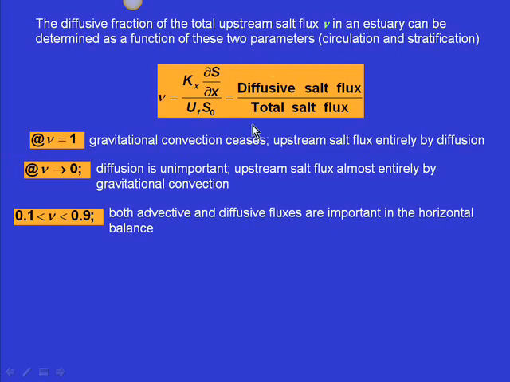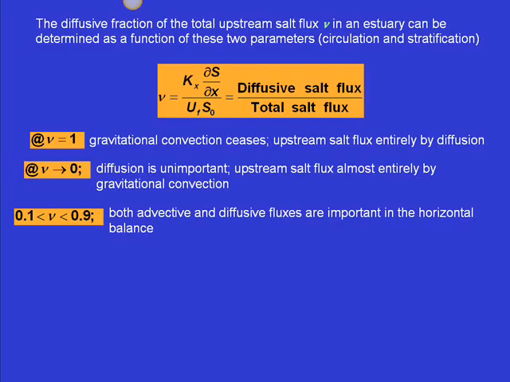So notice that we will define this diffusive fraction as the diffusive fraction of the total salt flux. So when nu equals 1, it means that the total salt flux is caused by diffusive salt flux. It means that mixing is the one in charge of bringing salt into the estuary. It means that there's no gravitational convection or gravitational circulation bringing salinity into the system.